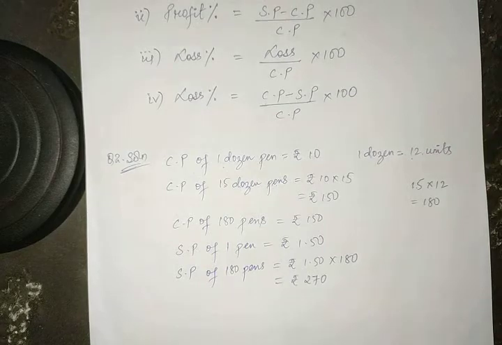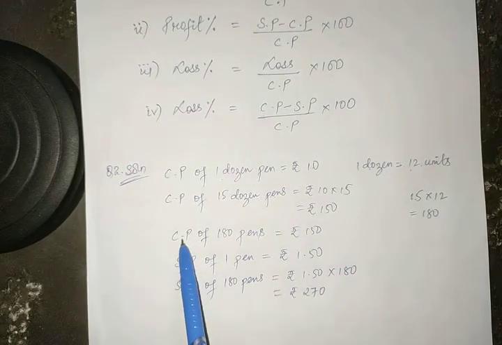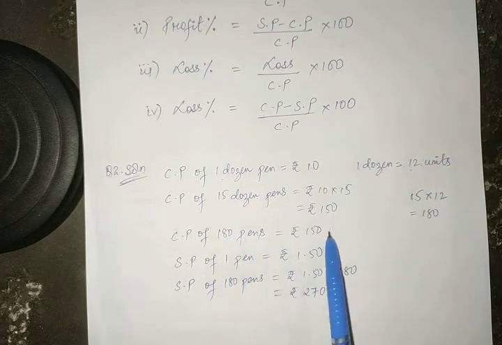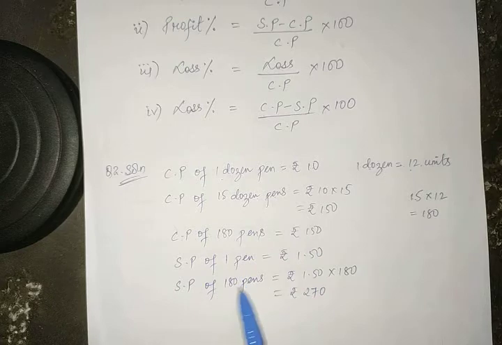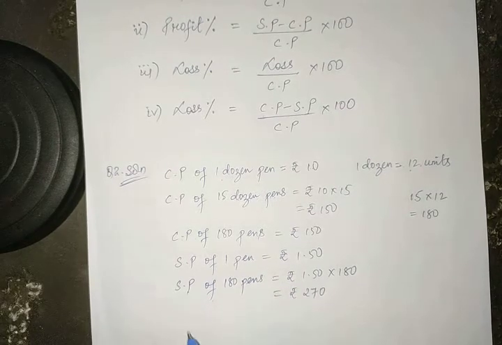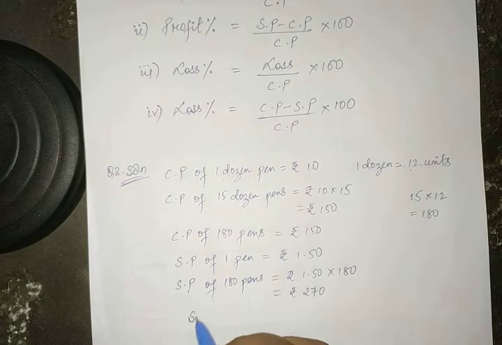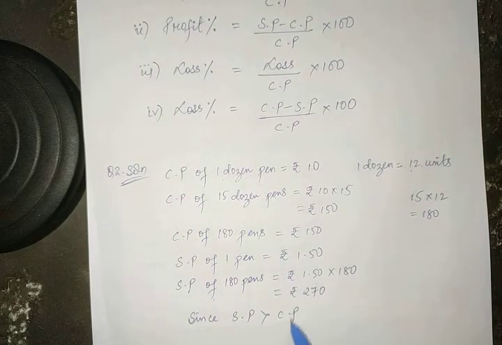Now you see whether it's a profit or loss. He bought 180 pens with rupees 150, and then he sold 180 pens for rupees 270. So here SP is greater than CP, that means it's a profit. Since selling price is greater than cost price, therefore it will be profit.